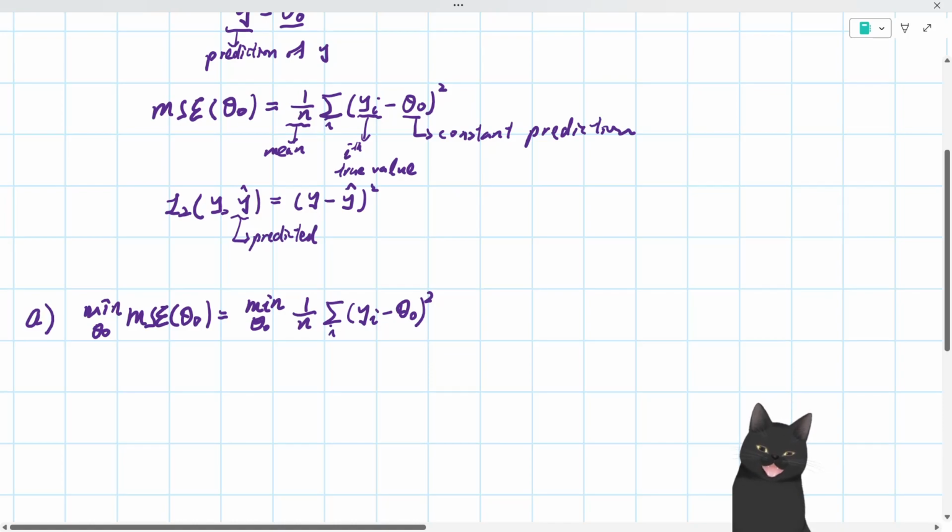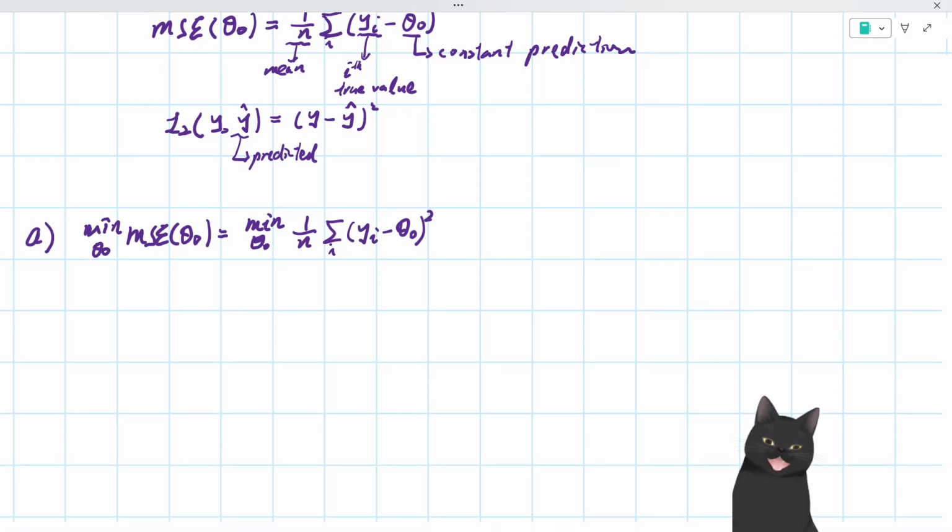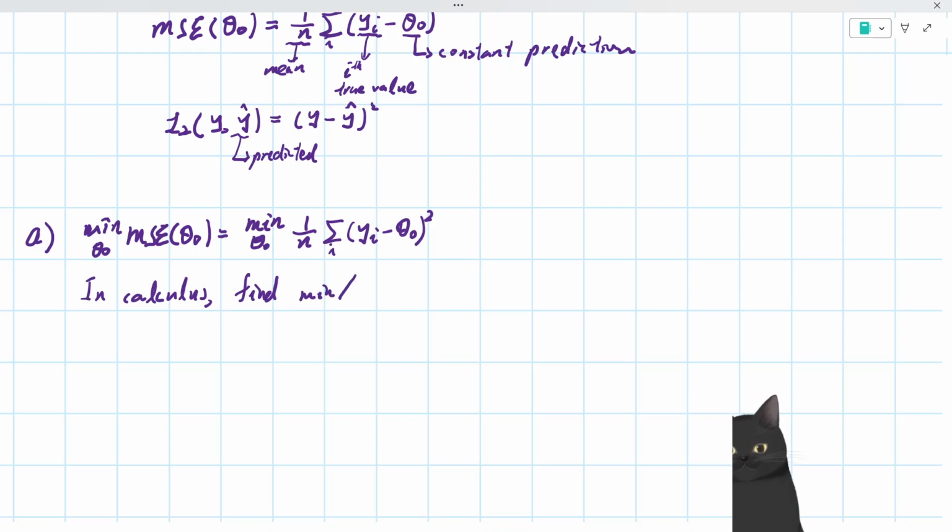Now, minimizing a squared function like this does look familiar. Maybe you have processed this information sometime 1 or 2 or 3 years ago, but this is actually easily doable using calculus. Remember that in calculus, we optimize a function, or we find the minimum or maximum of a function, using derivatives.